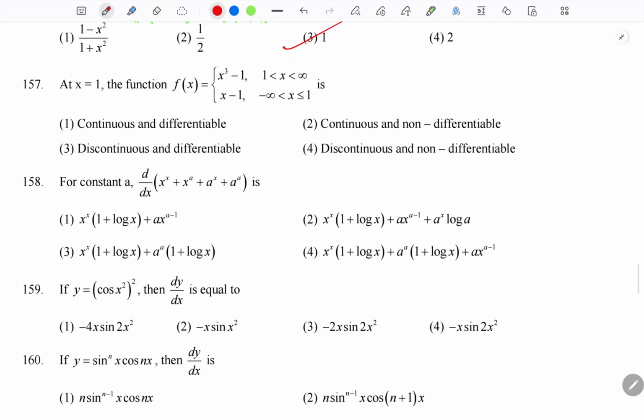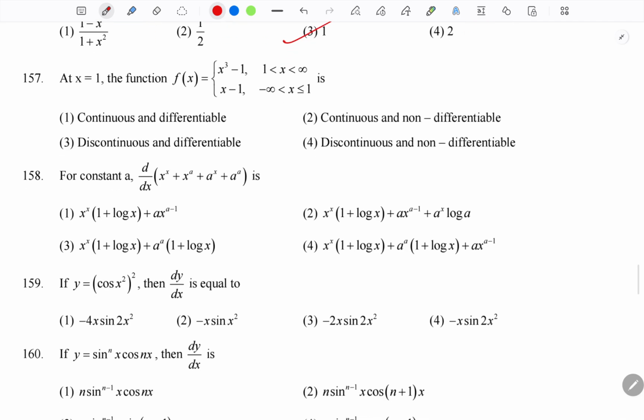Now this question is very interesting and also very easy. The function is continuous at x equal to how much, they didn't say, right? What we will see at x equal to 1: this is the 1 minus, the left hand function, and 1 plus, the right hand function. Now apply the first one, how much will I get here? 1 minus 1, 0.